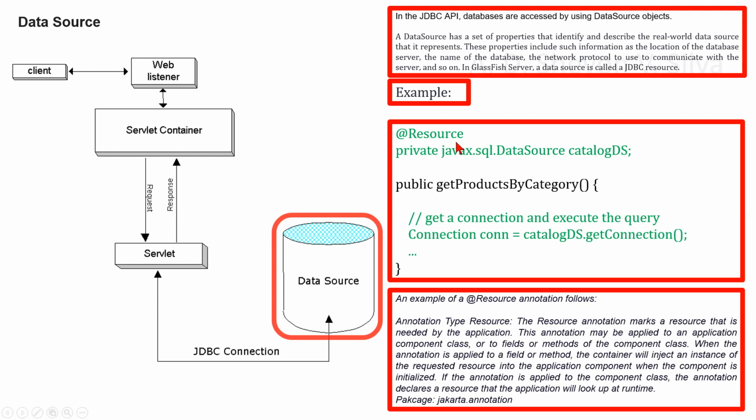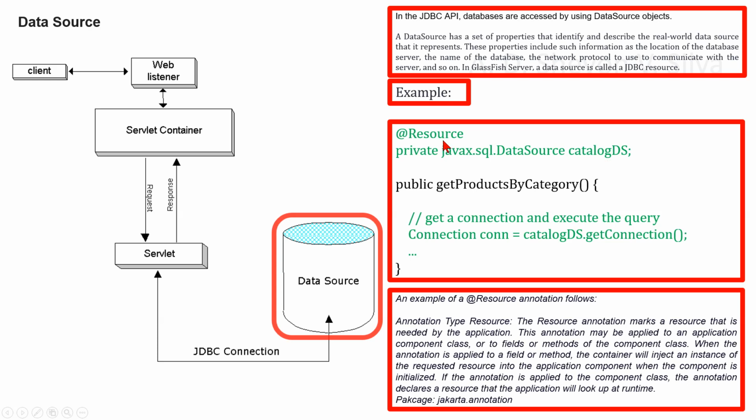This is in the package jakarta.annotation. Here the @Resource annotation is used to declare a reference to a resource such as a data source, Jakarta Messaging JMS destination, or environment entry.